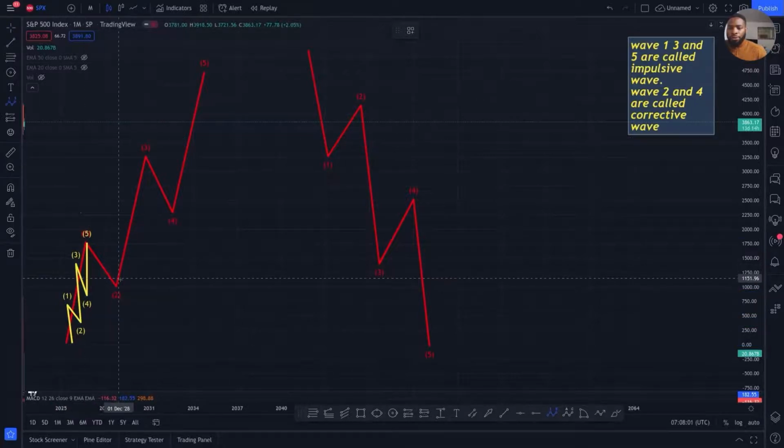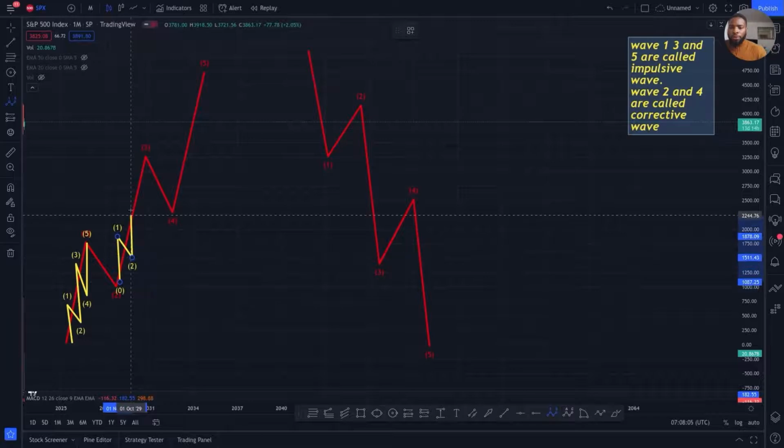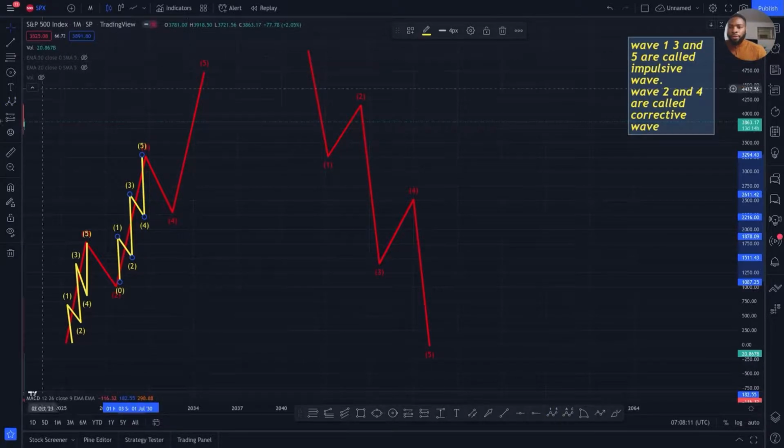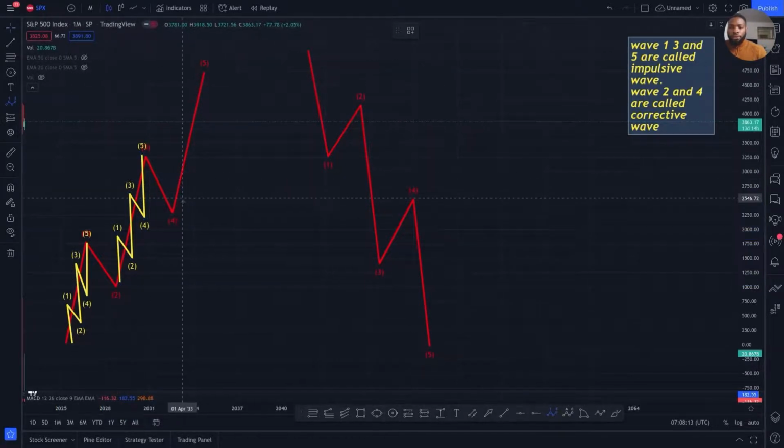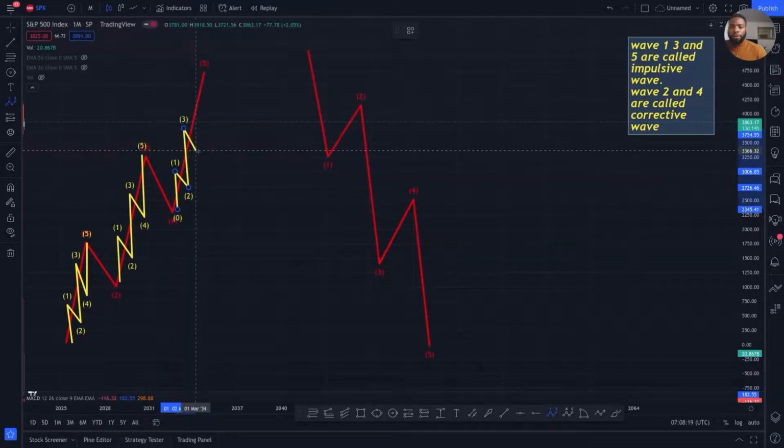So the impulsive wave is this 1, 2, 3, 4, 5. And also here as well: 1, 2, 3, 4, 5.